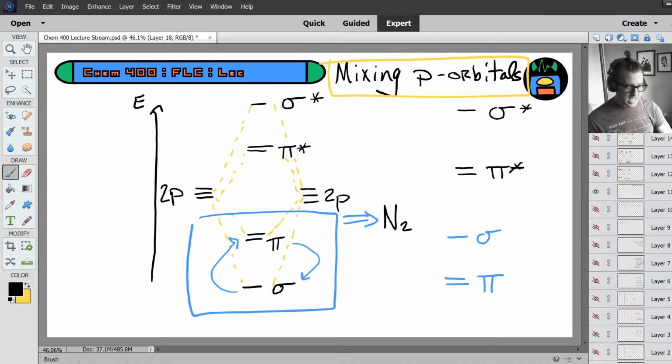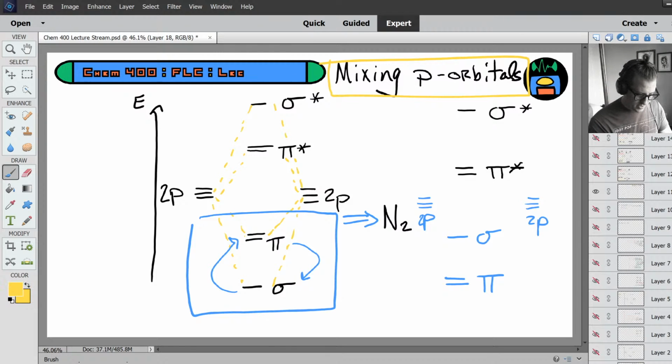All right, so that's what happens when you mix your p orbitals for N2.